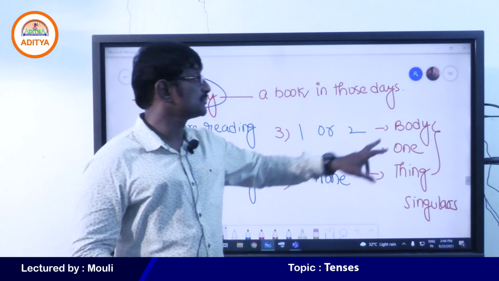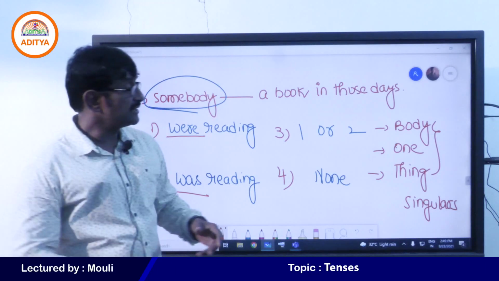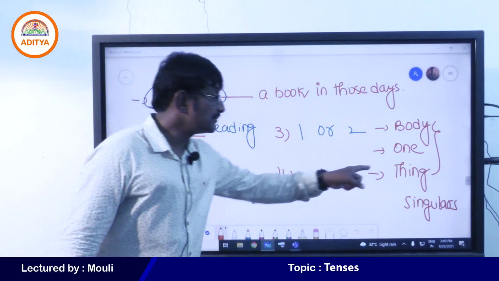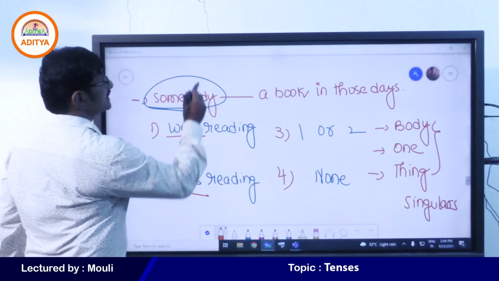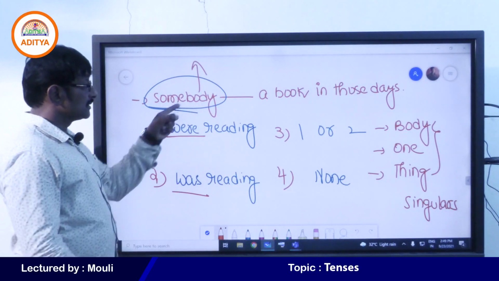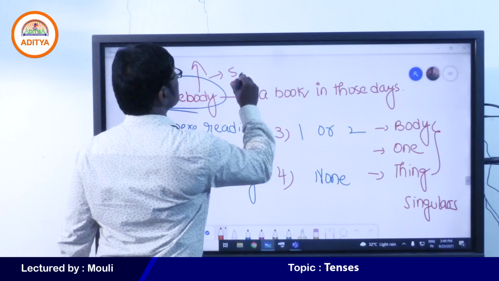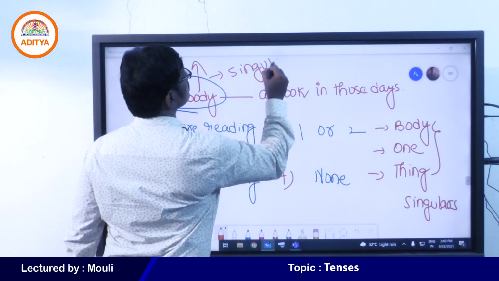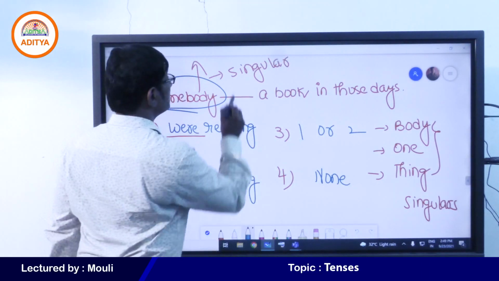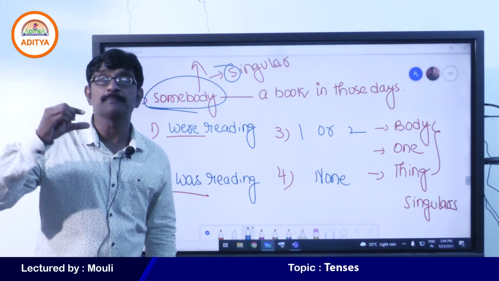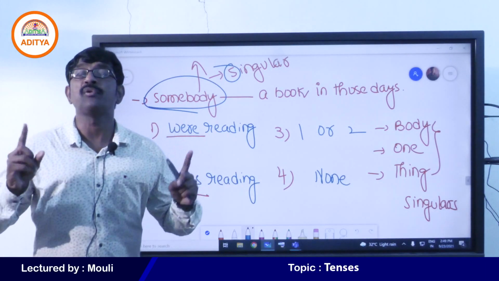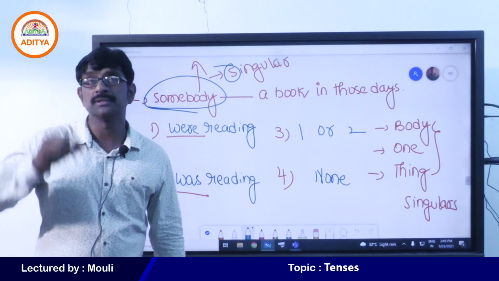If any word ends with body, one, or thing, it will be singular. You see now, there is body. When body is there, it is a singular one. So singular means S is there.